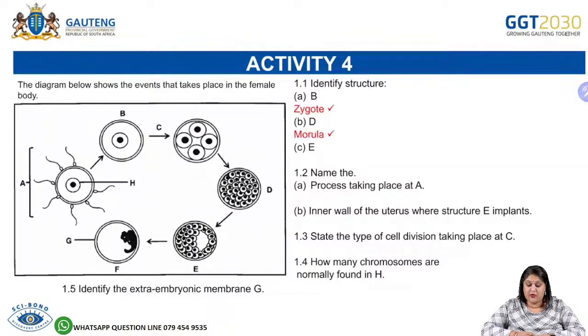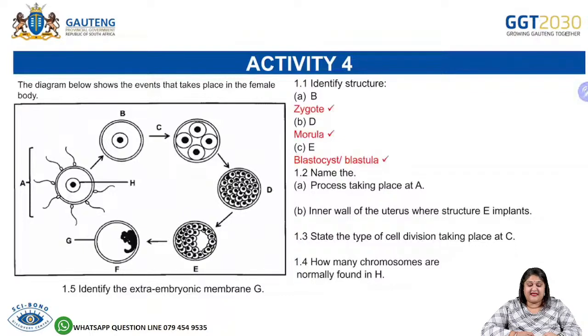E is the hollow ball, so it's the blastocyst or the blastula. So how do we identify these? We can see that B is the zygote because after fertilization happened, we now form that structure, which is then called the zygote. D is the morula because you can see it's a solid ball of cells, and E is the blastocyst because you can see it's a hollow ball of cells.